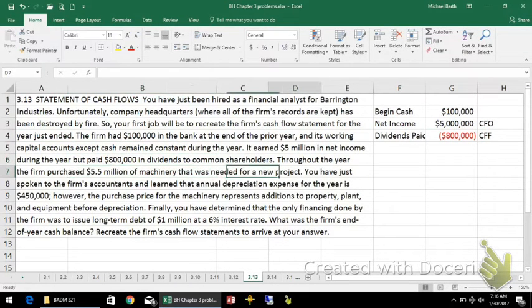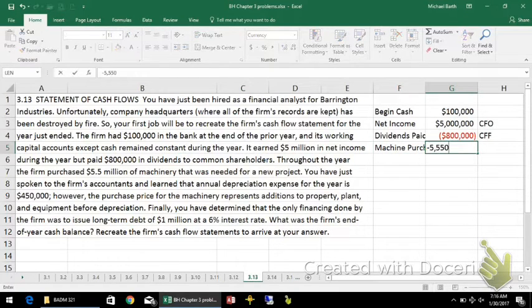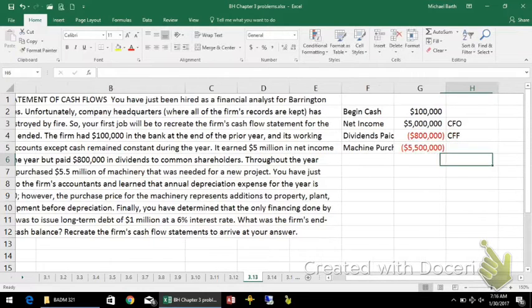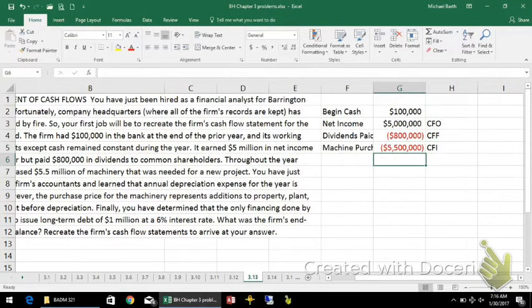The firm purchased $5.5 million of machinery. That'd be a negative cash flow. And that's a cash flow from investing.